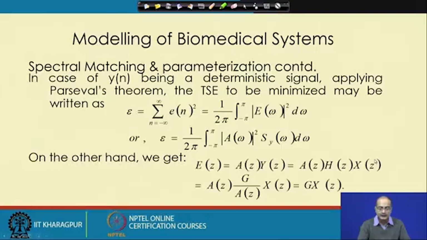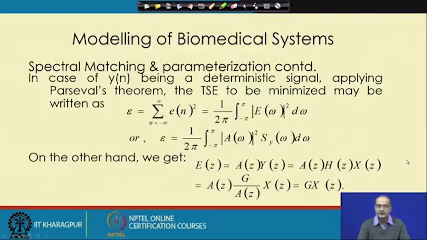On the other hand, we can do some mathematical manipulation as E(z) equal to A(z) into Y(z). Now, we can replace the value of Y(z), we know that the value is H(z) into X(z), and H(z) can be represented as G by A(z). So, on the right hand side A(z) will cancel, because it is appearing both in numerator and denominator.